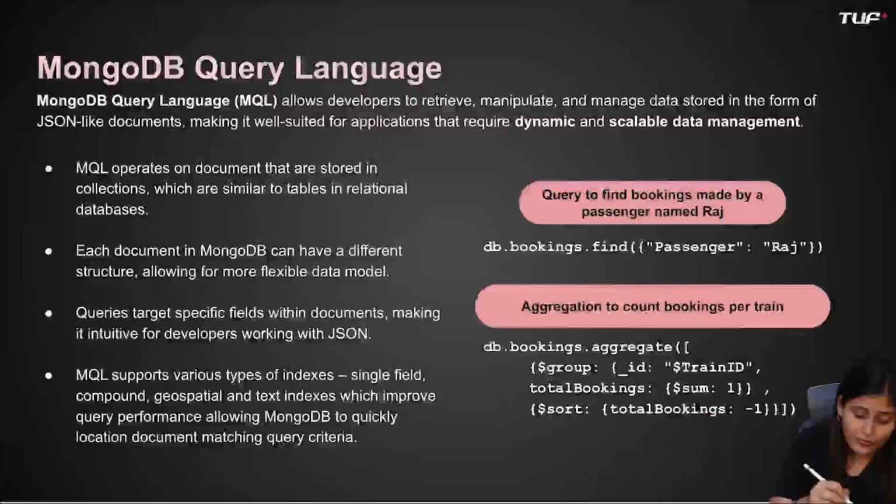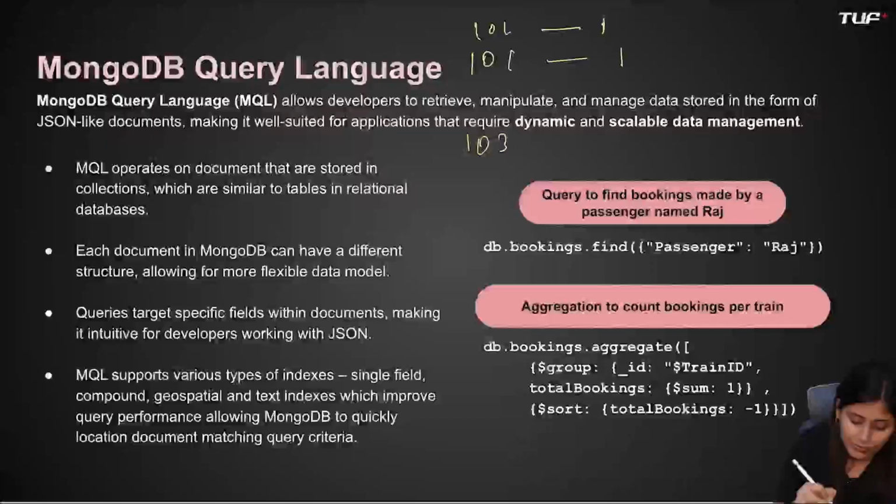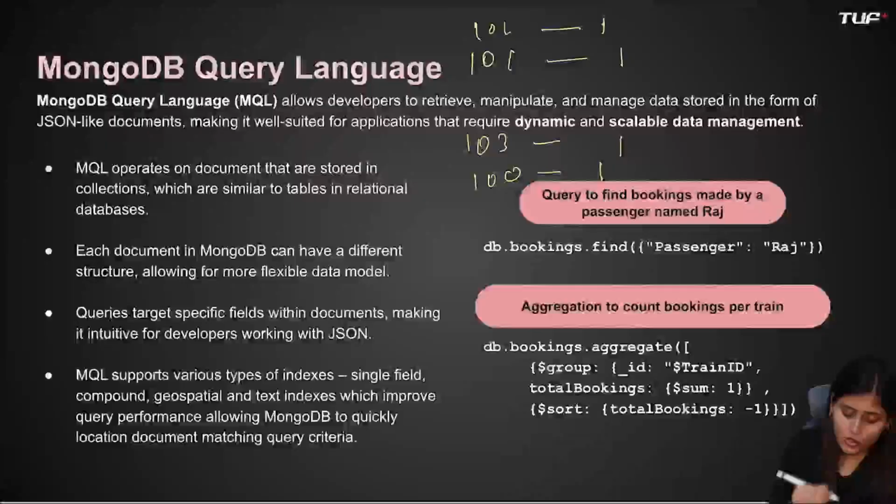So this is how your table will look. Let's suppose for train ID 101 you have one booking, for 101 again one booking, for 103 one booking, and for 100 one booking. When you sort it, this is how your table will look: train ID and total bookings.